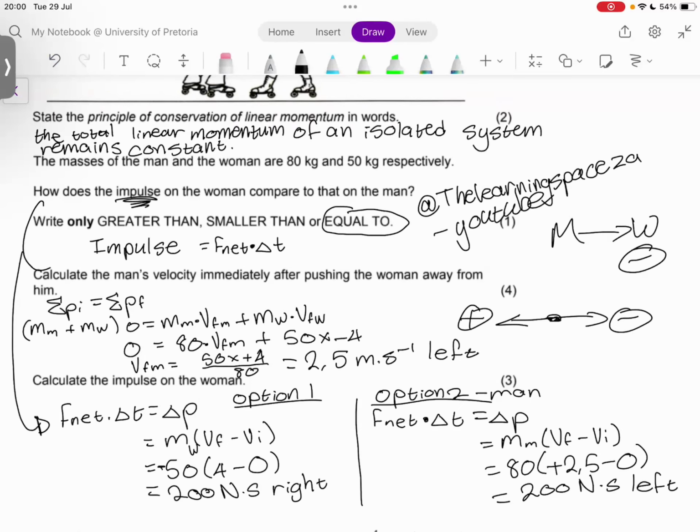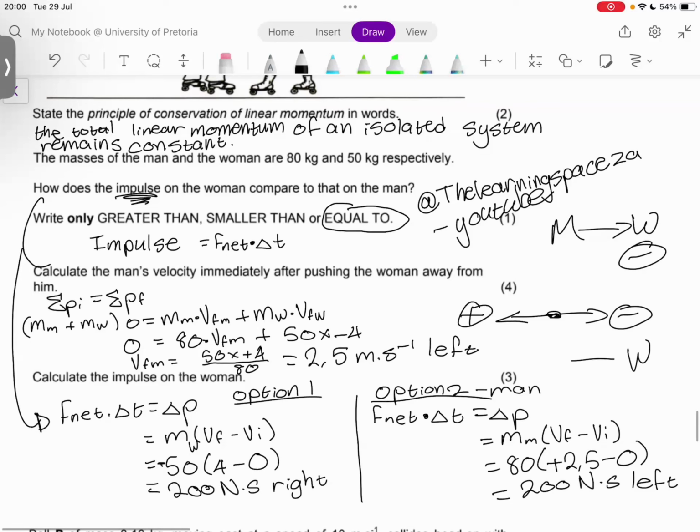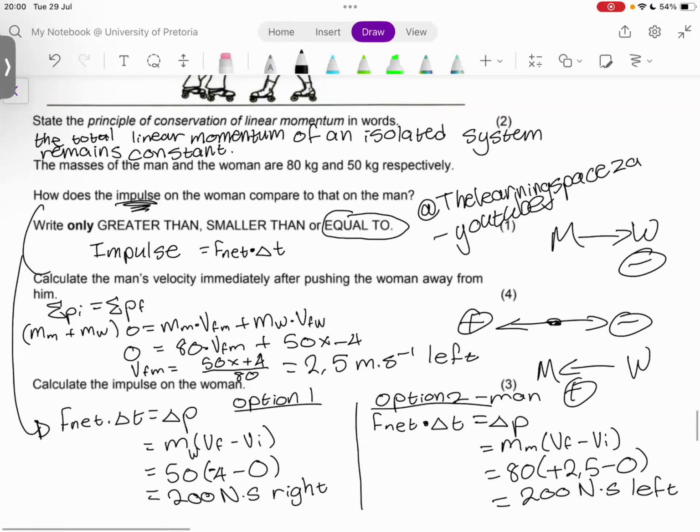Whereas because of the reaction force, which is the woman exerting a force on the man, she's exerting a positive force on the man. So that's why I have positive 2.5. And are you guys able to see that we end up with the same magnitude but different directions? This just confirms the answer that we came to over here.